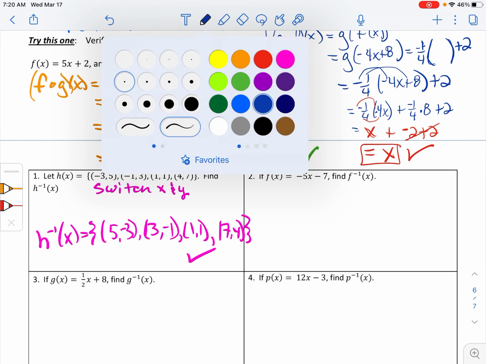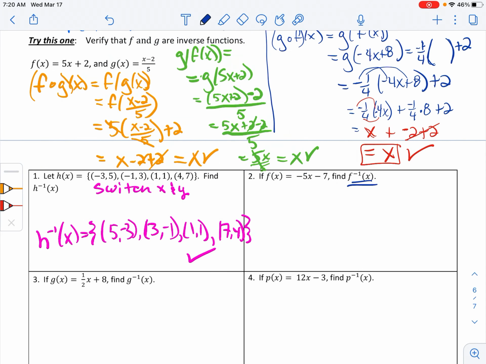Okay. So over here, find the inverse. So step 1, y equals negative 5x minus 7. Step 2, x equals negative 5y minus 7. Step 3, get y by itself, and then turn that back into our f of x notation with inverse.